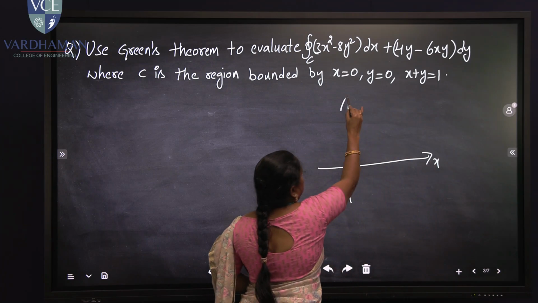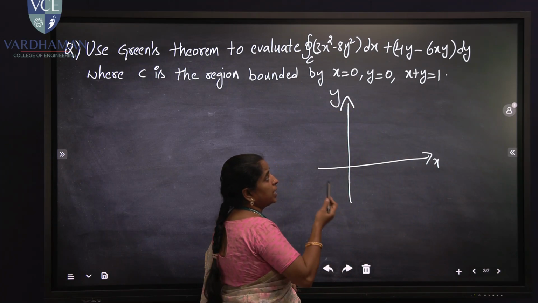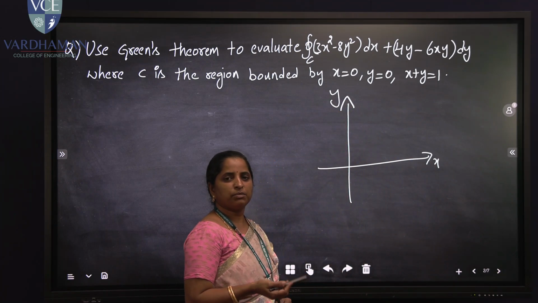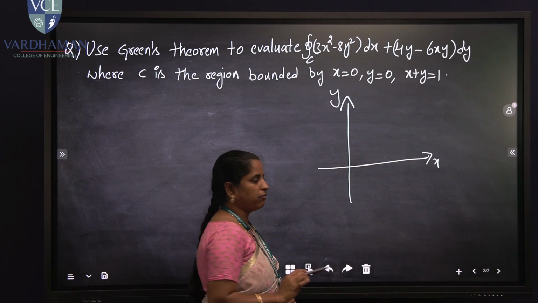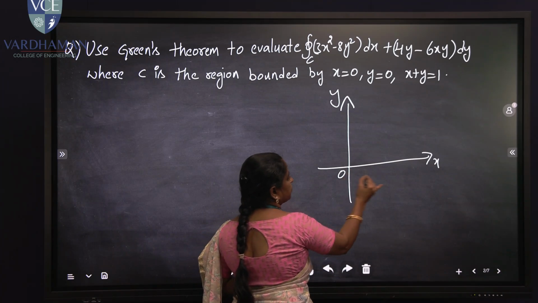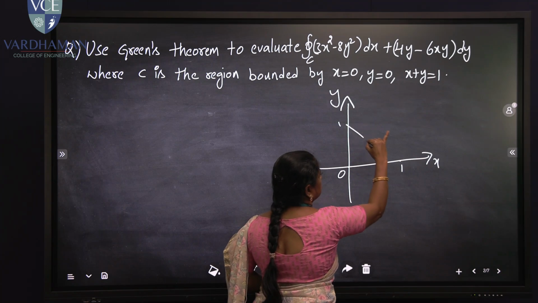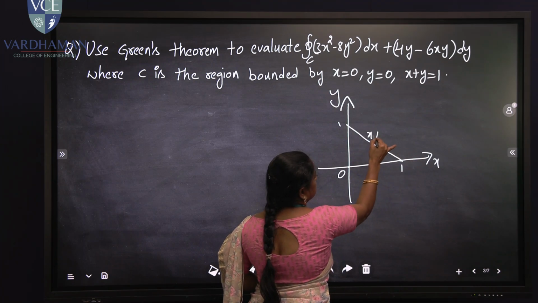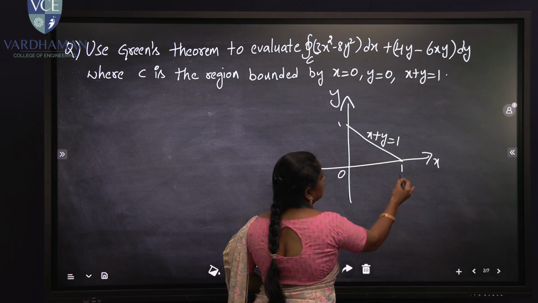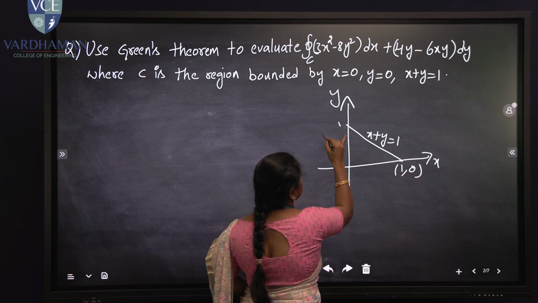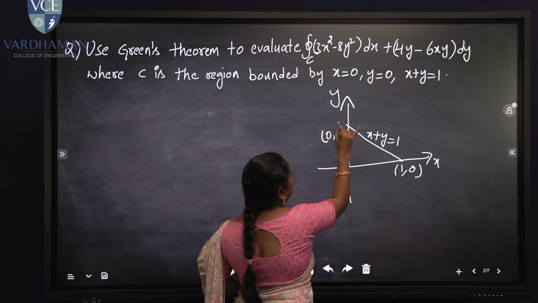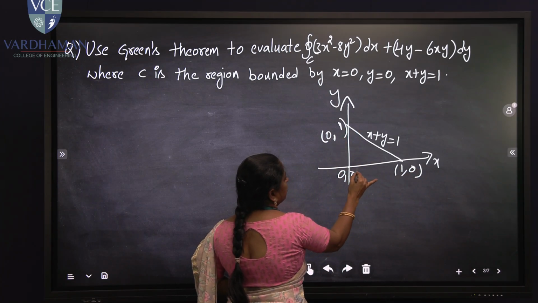So x axis, y axis. x plus y equal to 1 means we get the points 1 comma 0 and 0 comma 1. So we get a line like this, x plus y equal to 1. So this is 1 comma 0, this is 0 comma 1 and this is 0 comma 0.